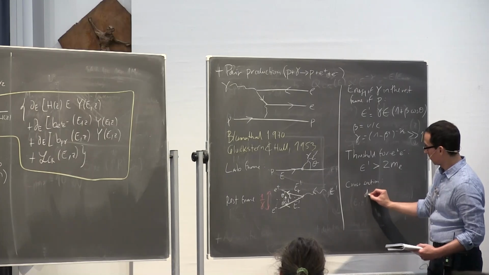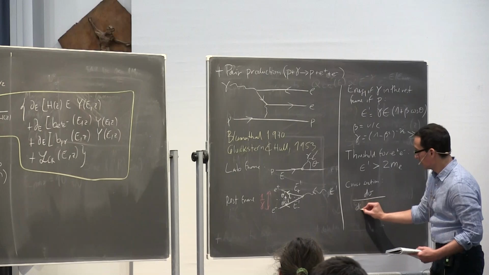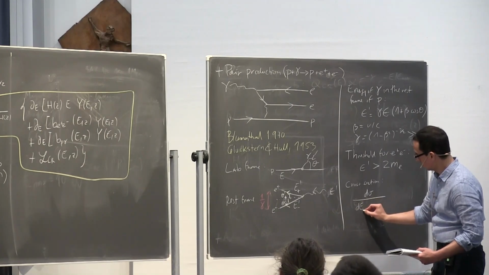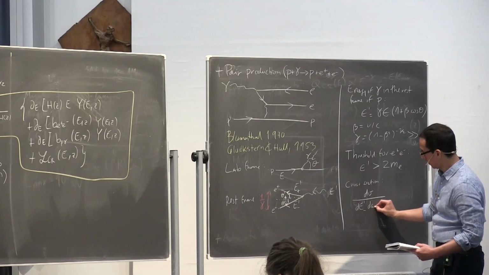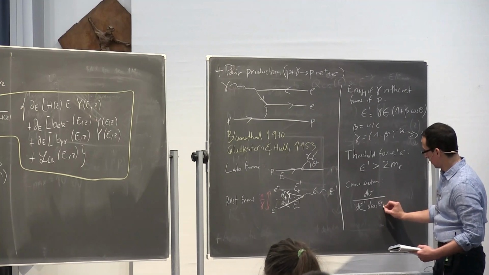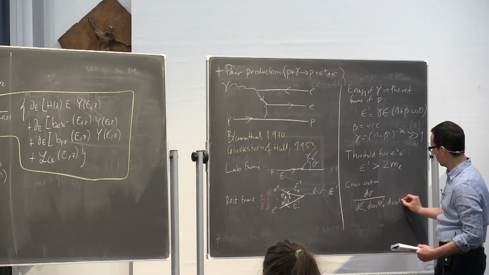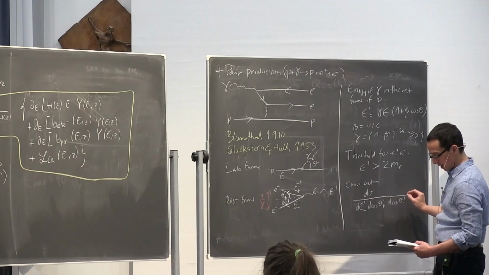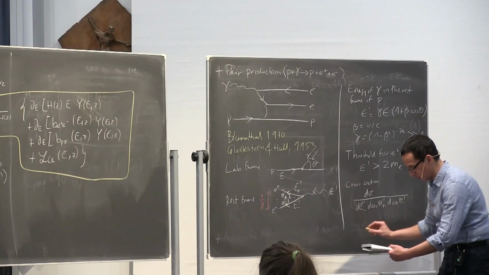So I'm just going to write what it depends on. In our coordinate system, it is the cosine of the two angles, the outgoing angle of the positron and of the electron. And if you want to look it up, it's a lengthy calculation.